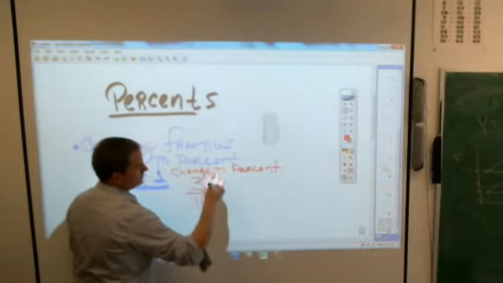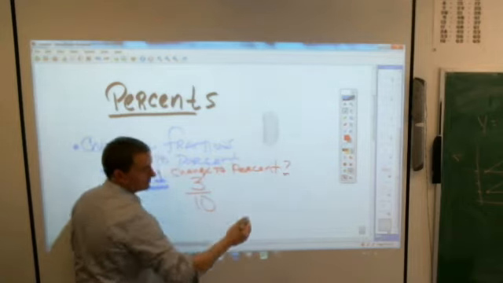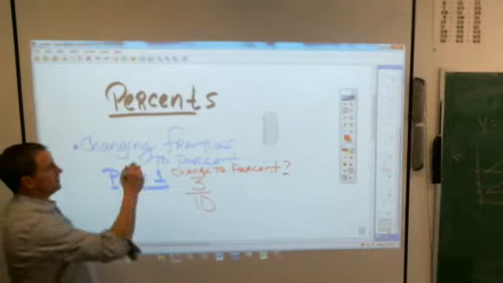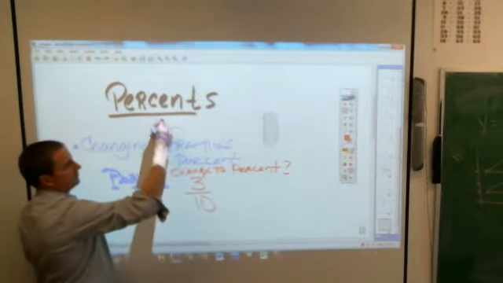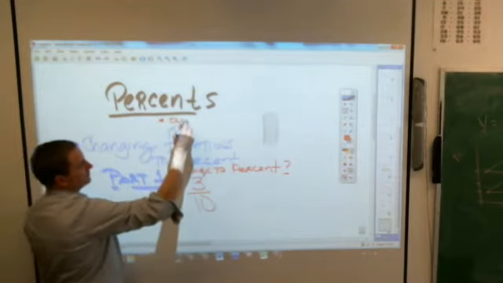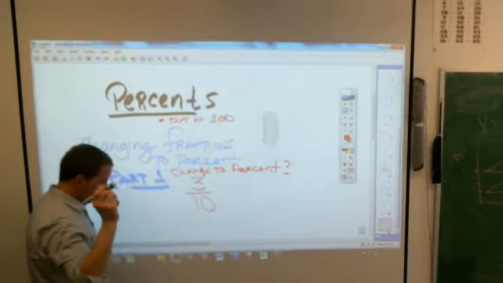I see a hand. Zachariah? You would multiply the 2 times 10. Okay. Here is what Zach is trying to tell you, but forgot to hit on one point. Percent means out of 100, right? Change the 10 to 100.